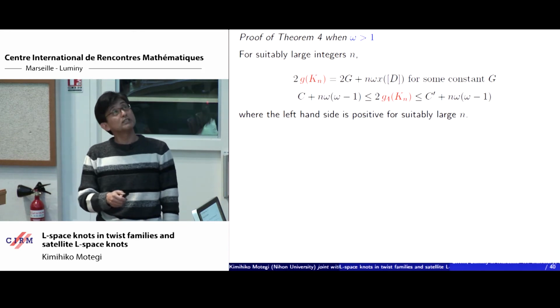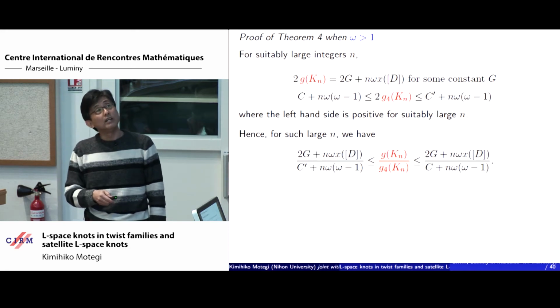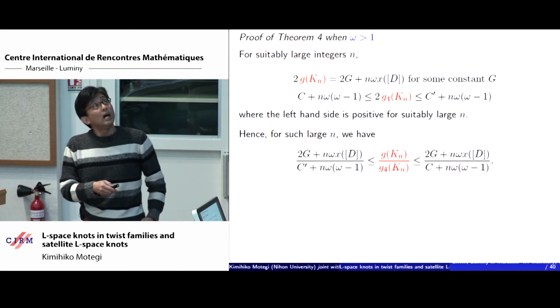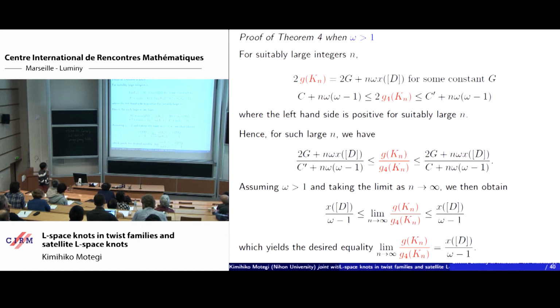So by taking the quotient, we have an inequality for the ratio, like this. And assuming omega is greater than 1, then high school mathematics tells us the limit of the ratio is bounded from below and from above by the same value, the Thurston norm of D over omega minus 1.